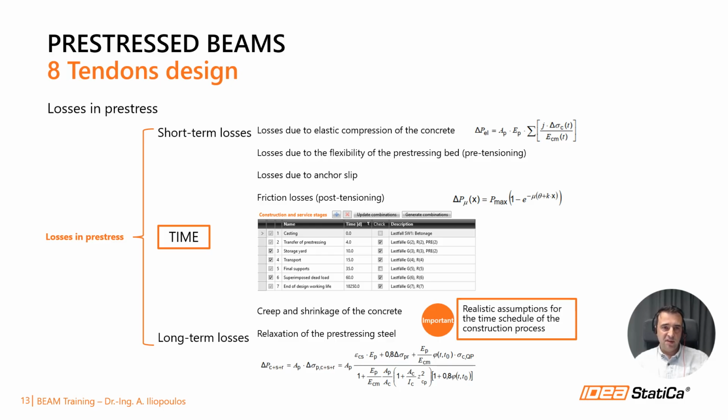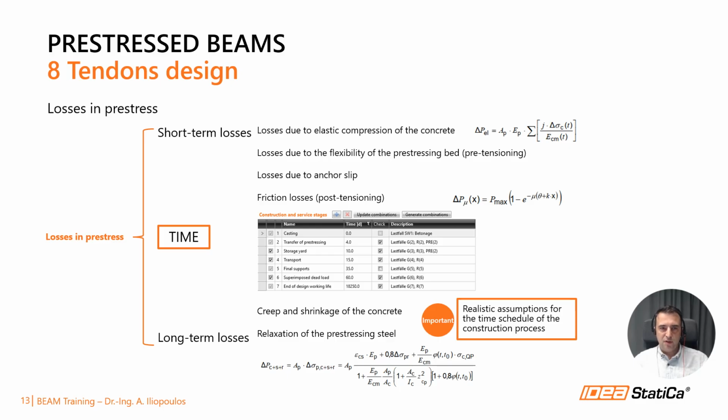We have the losses due to anchor slip, as specified in the technical approval of the prestressing system. And there are also frictional losses due to the geometry of the tendon and the short-term relaxation as well. Long-term losses, on the other hand, are usually caused by creep, shrinkage, and the long-term relaxation.